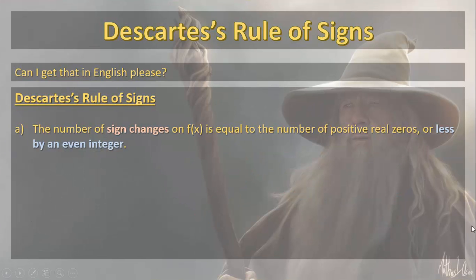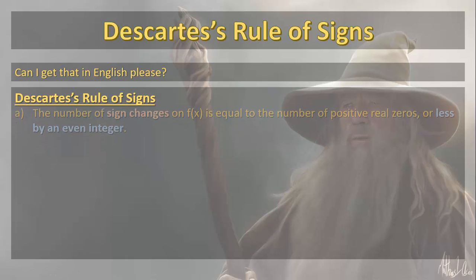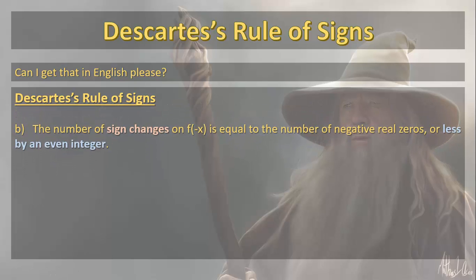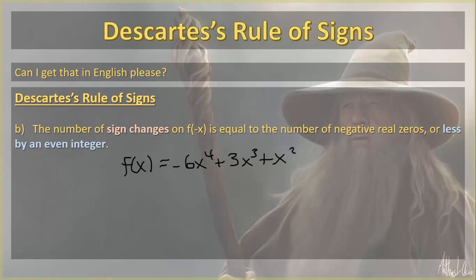Okay, let's take the second part of the statement. The number of sign changes on f of negative x is equal to the number of negative real zeros. Let's use the same exact function that I just had a second ago. It was f of x equals negative 6x to the fourth plus 3x cubed plus x squared minus x plus 2.